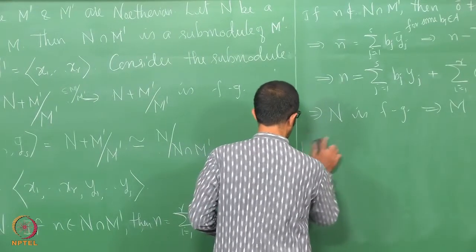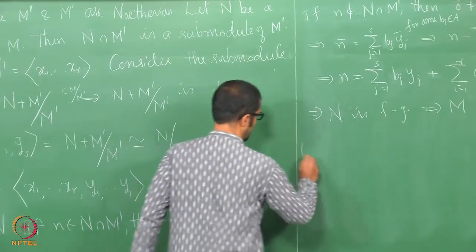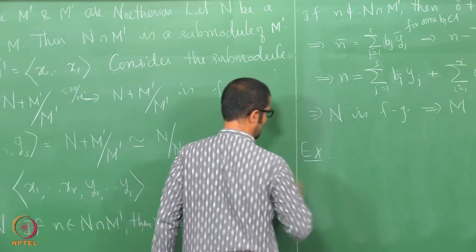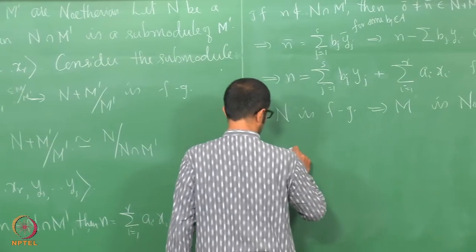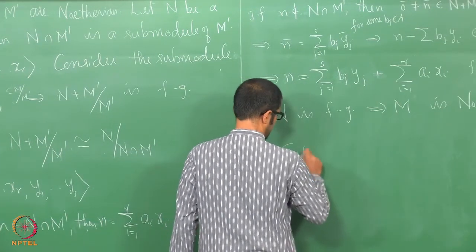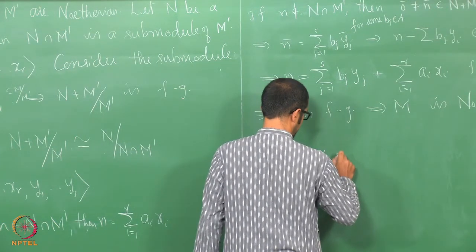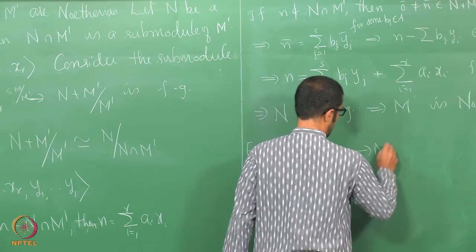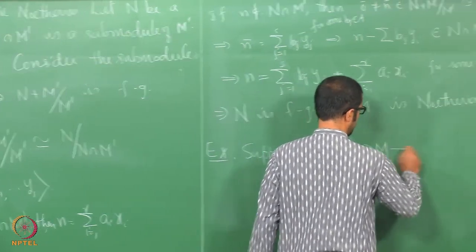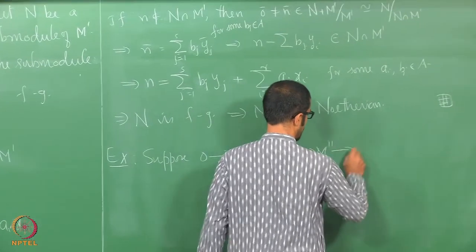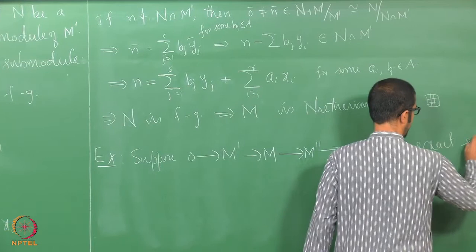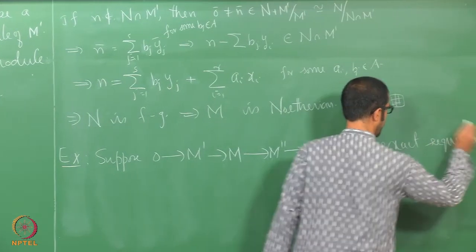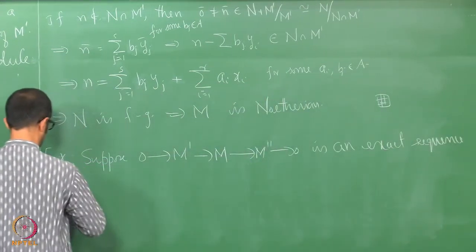Okay. So, in fact, I will leave it as an exercise, that what we proved here is that suppose 0 to M prime to M to M double prime to 0 is an exact sequence of A modules.